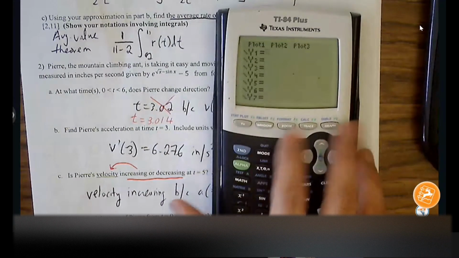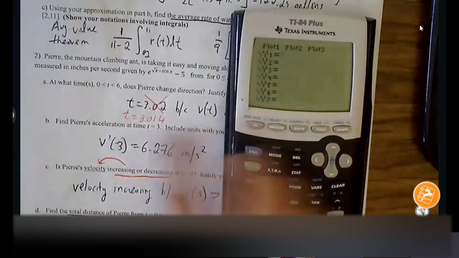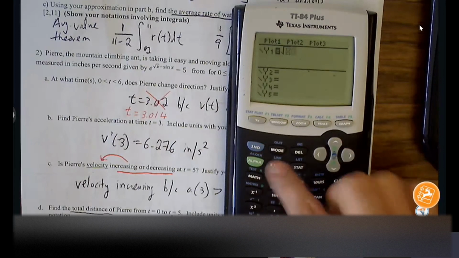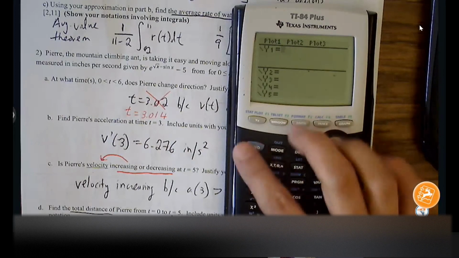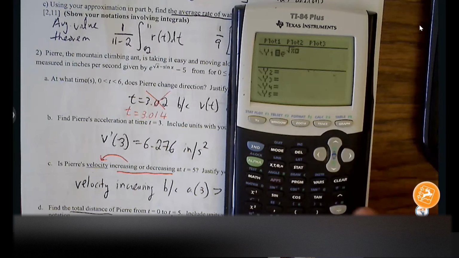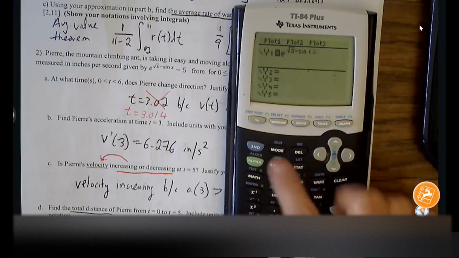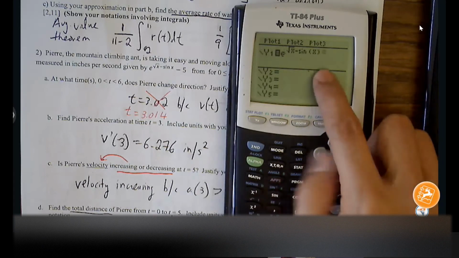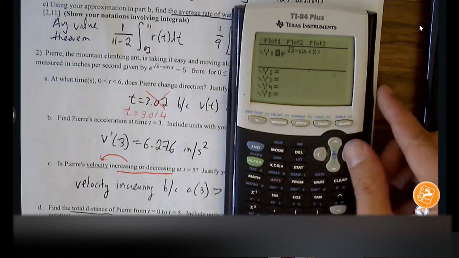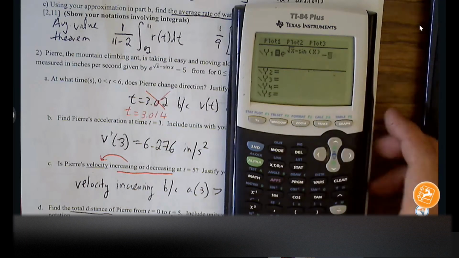Y equals. Oh, are you closing your sine x? I am. Okay. Minus 5.